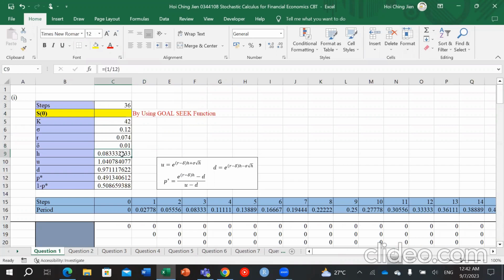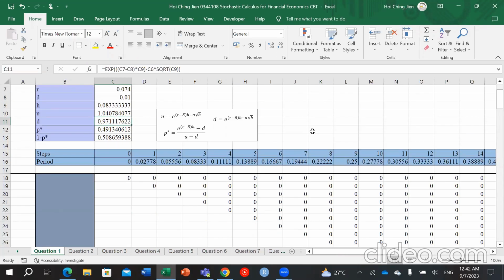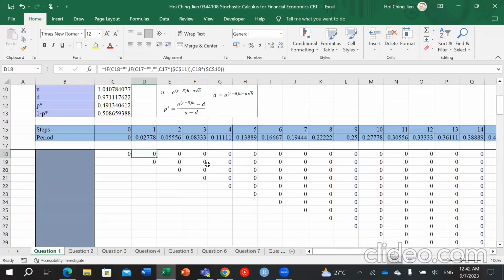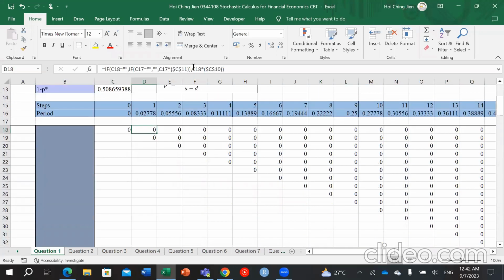But h is 1/12 since the data is given in every month, and the u value follows this function, the d value follows this function, and the risk neutral probability also follows this function. For the stock price, we use the if-else function.